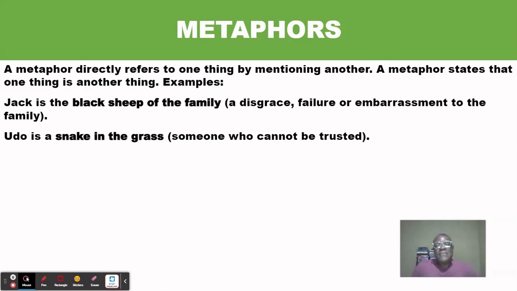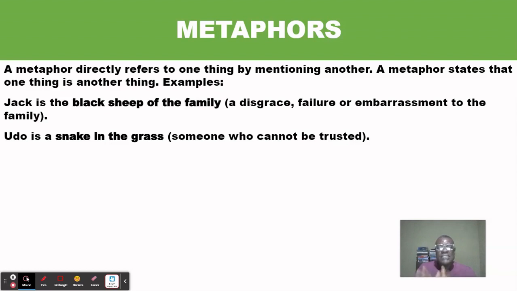And of course, when you talk of the black sheep, you see that a metaphor is a figure of substitution. You are saying that Jack is the black sheep, and that tells you that there is something negative about Jack. So you see, it gives you some clue as to what the meaning is.